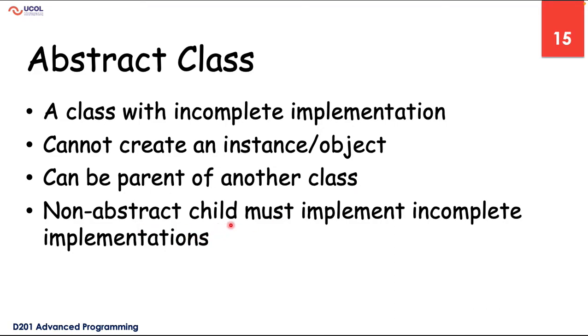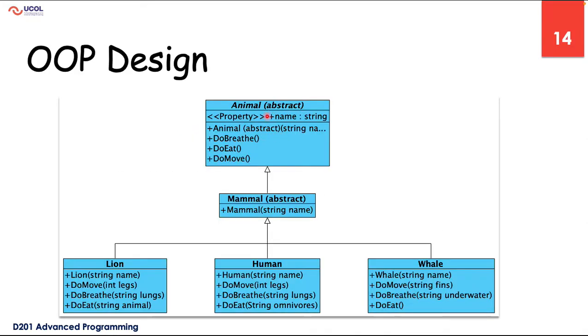So a non-abstract child must implement the incomplete implementation. If we look at that, we have the animal, which is abstract, and mammal, which is also abstract, because we can't have a mammal object. Can we have a mammal object which is not a lion, not a human being, or not a whale? No, it's not possible. And can we have an animal object? No, we can't.